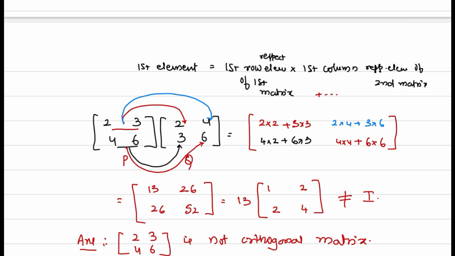This is how we have to find out whether something is an orthogonal matrix or not. Now, tell me, what is the determinant of an orthogonal matrix?